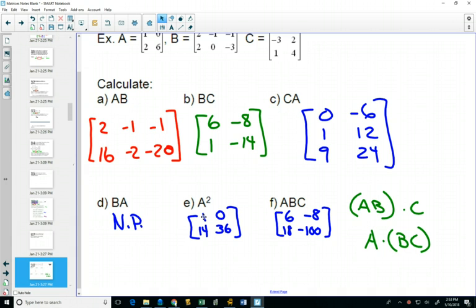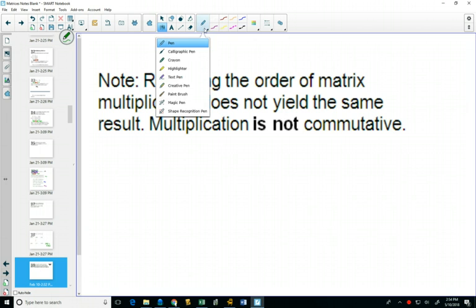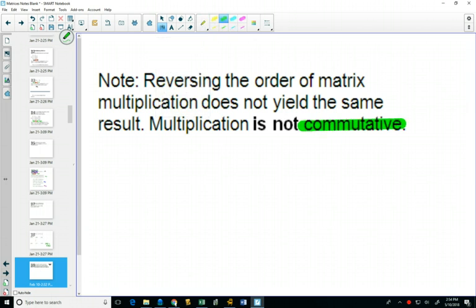So based on what we've seen so far, we can talk a little bit about some of the properties. We already know that just because you can do A times B does not mean that you can do B times A. And so we're going to learn some mathematical words that describe this: commutative.